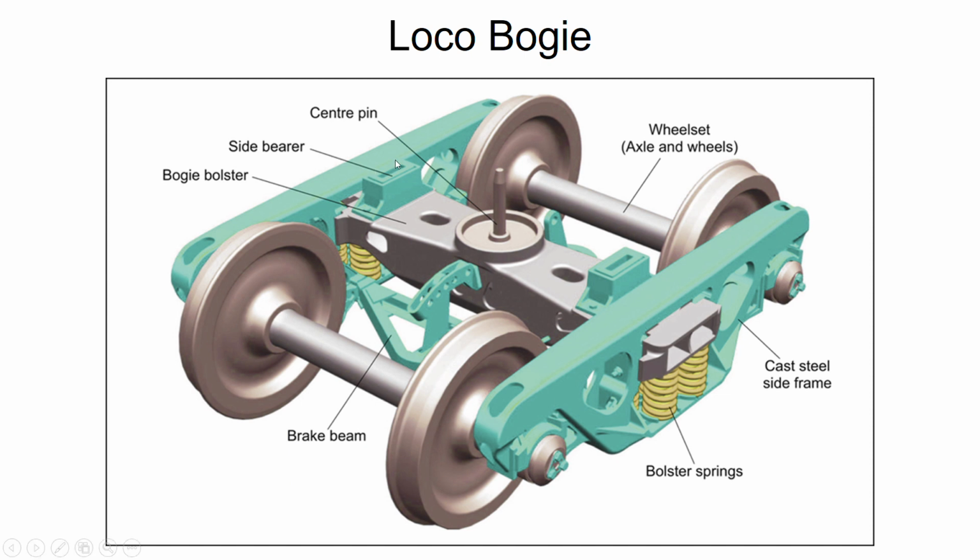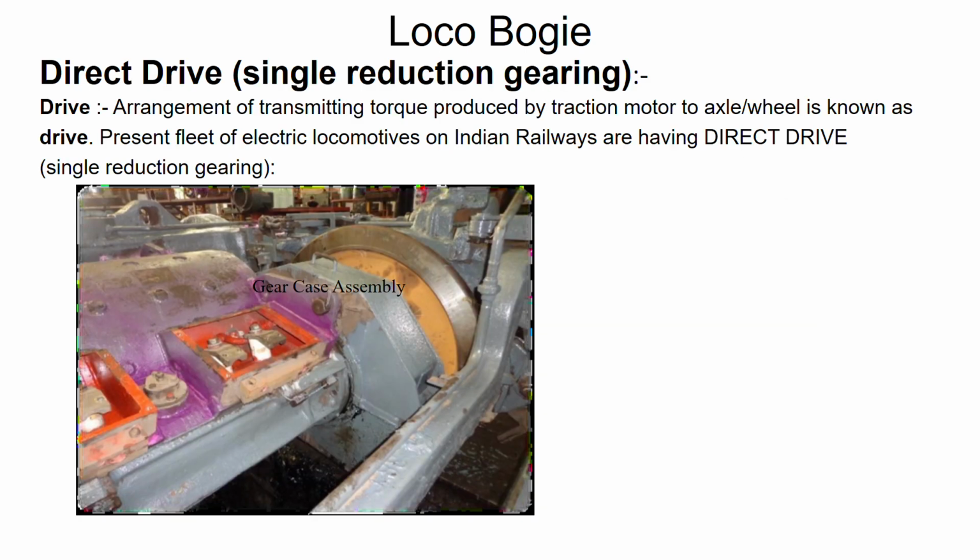Now here also you see one on the bogie. There is also a spring which is called the secondary suspension. Now next, how do we drive? For driving a loco, we use direct drive or single reduction gearing.